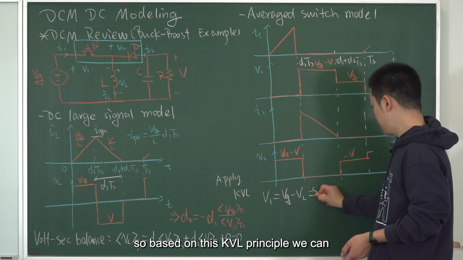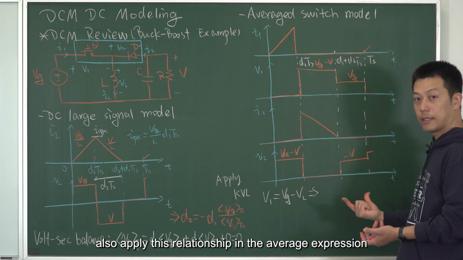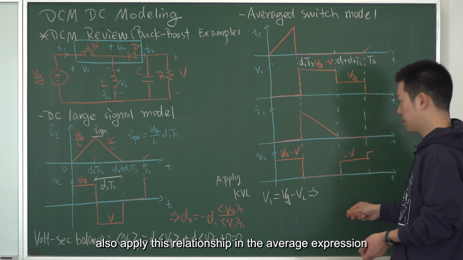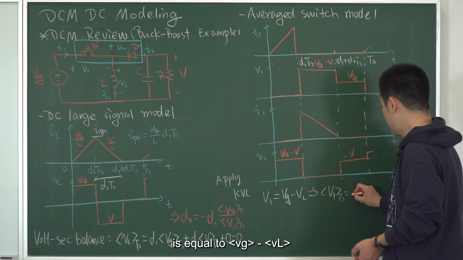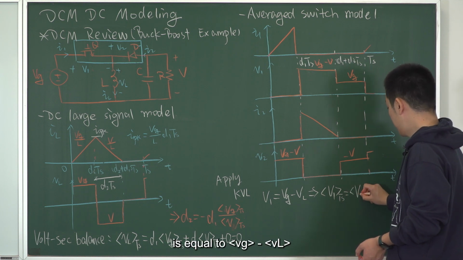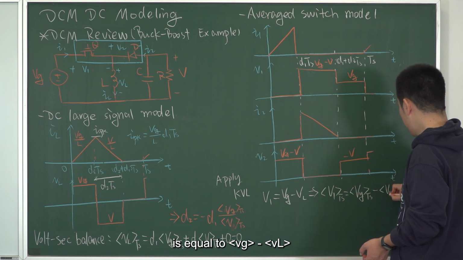So based on this KVL principle, we can also apply this relationship in the average expression. So V1 average equals the input average minus the inductor voltage average.